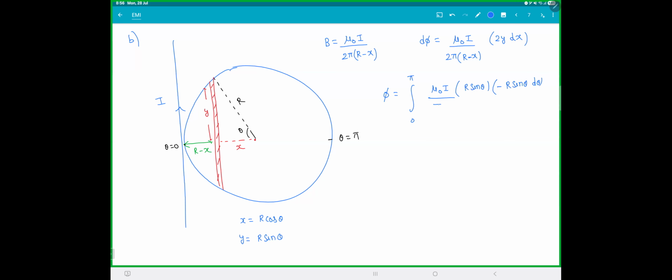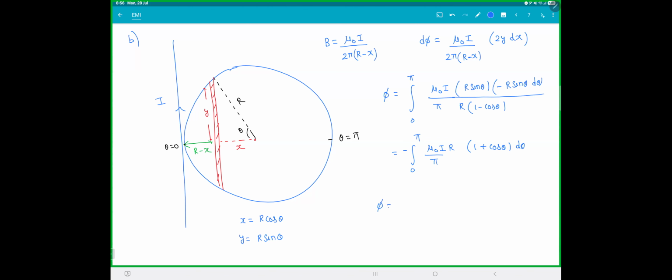Denominator, that is pi, that is r (1 minus cos theta). Numerator you can write that sine square theta is 1 minus cos square theta. 1 minus cos theta, 1 minus cos theta will cancel. It will be 1 plus cos theta left out. You will end up with mu naught I by pi r (1 plus cos theta) d theta with a minus sign, 0 to pi.